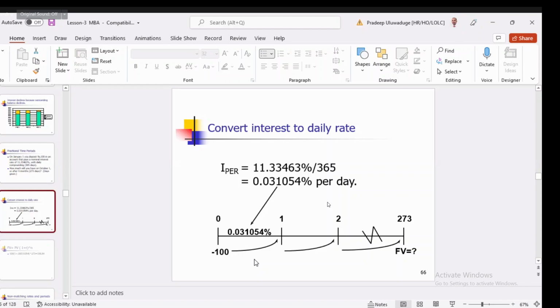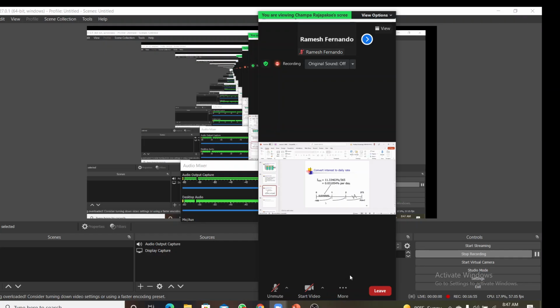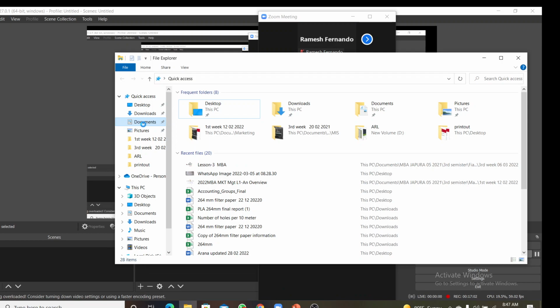This is future value equals present value into 1 plus r to the power n. That's the simple formula that we use.